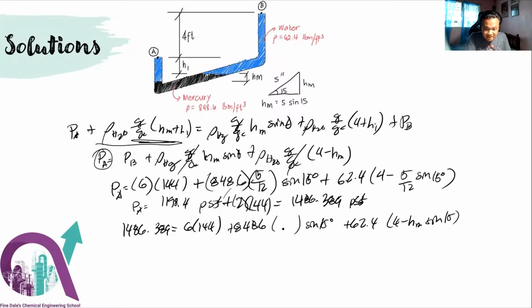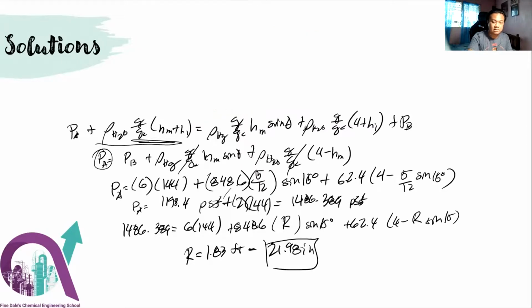Let's name this R so that you will not be confused. So R is now 1.83 feet or 21.98 inches. Okay, so that's it.